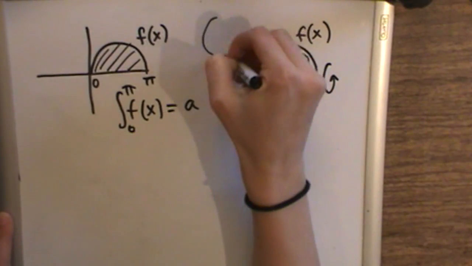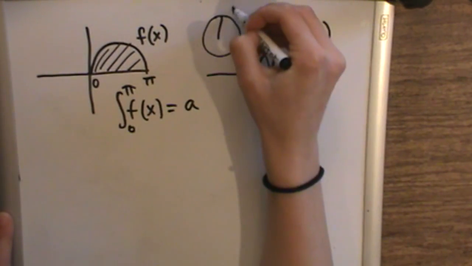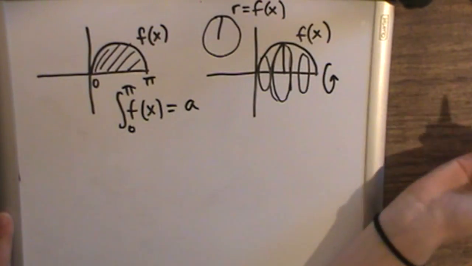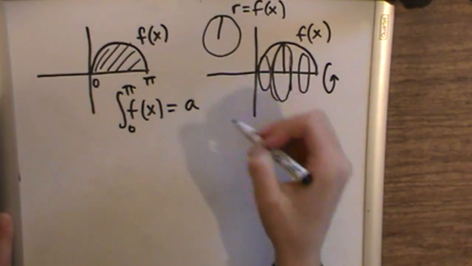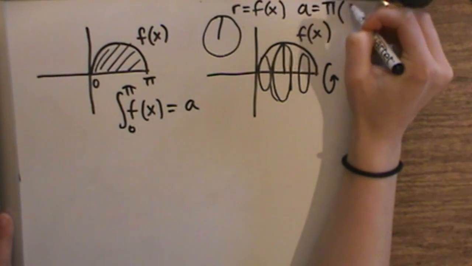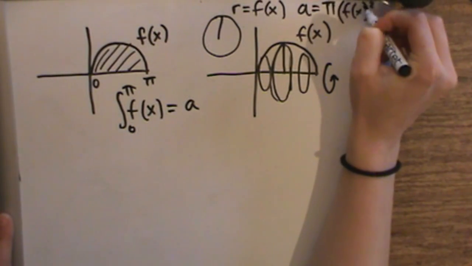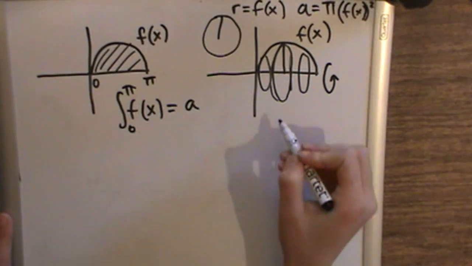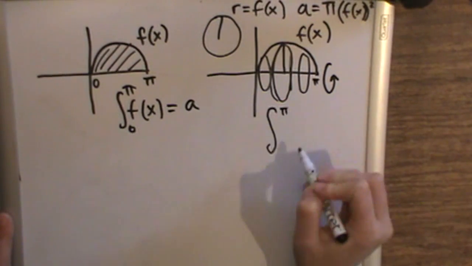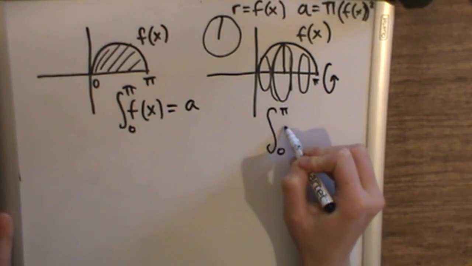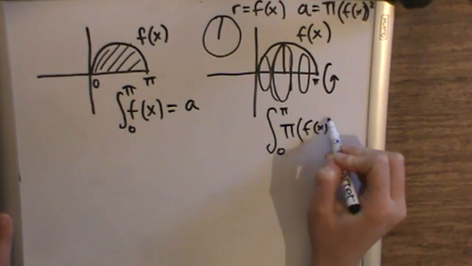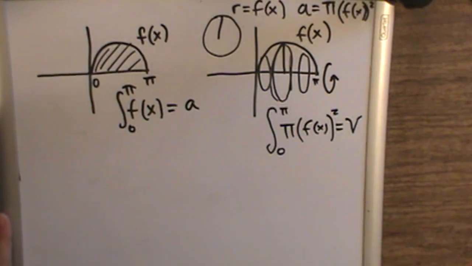These discs would have a radius of the function, f of x, and their area would be pi times their radius, which is the function, squared. So to calculate the volume, you would take the integral from pi to 0 of that equation for the area. And this would give you the volume of that shape.